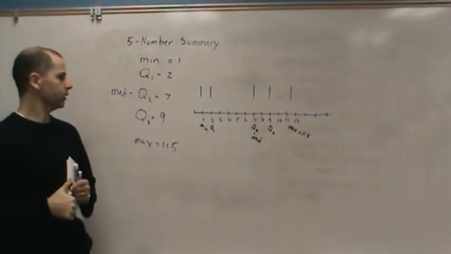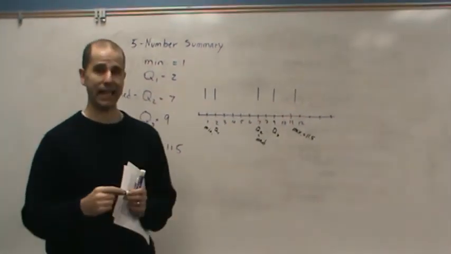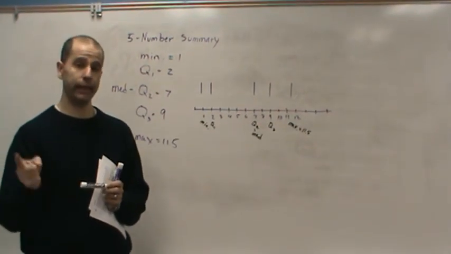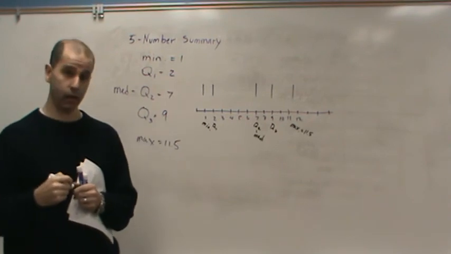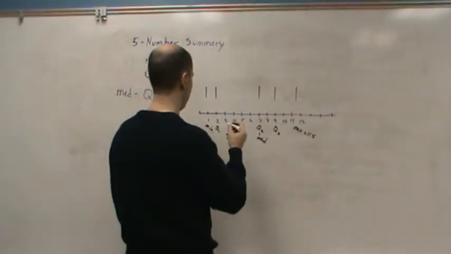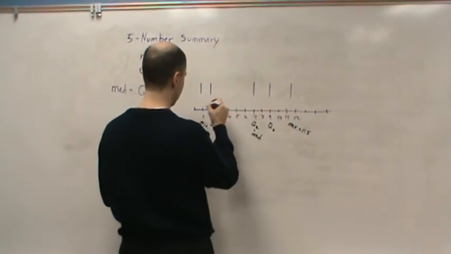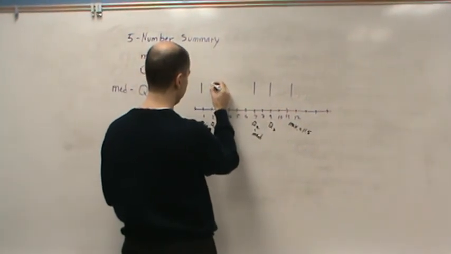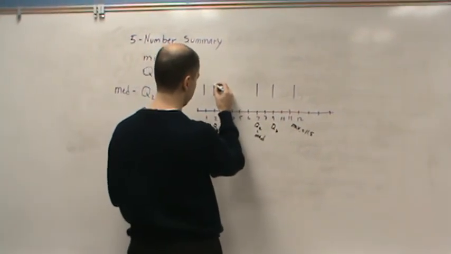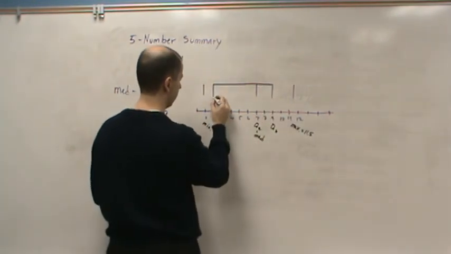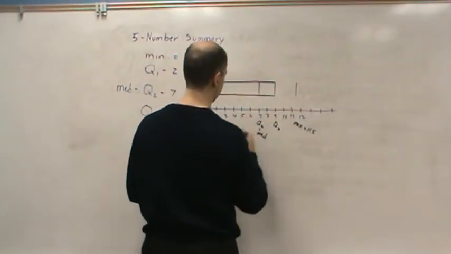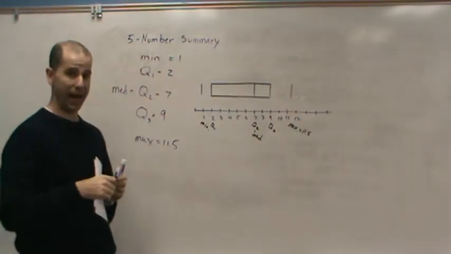Now I'm going to take Q1 and Q3 and connect those lines with a horizontal line. I'm going to go from Q1 all the way to Q3. That's my box.